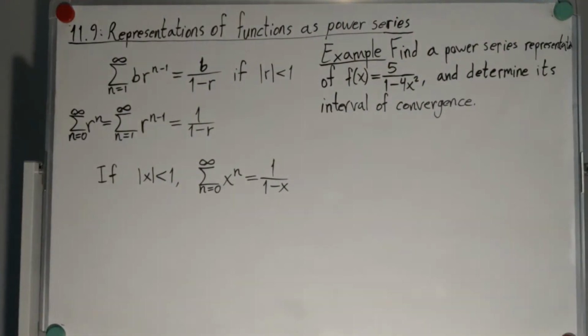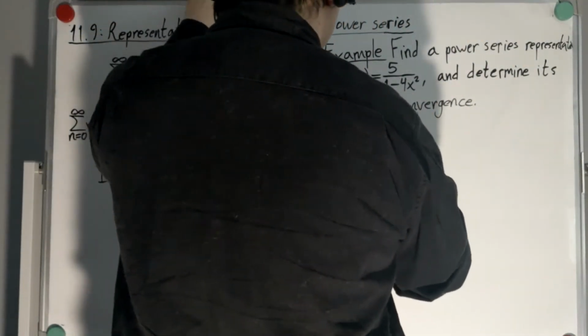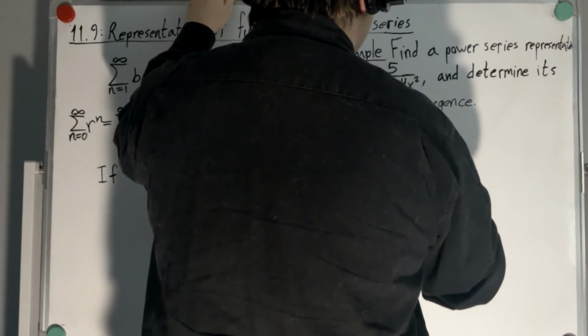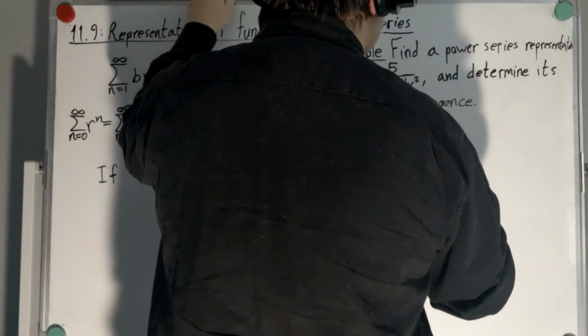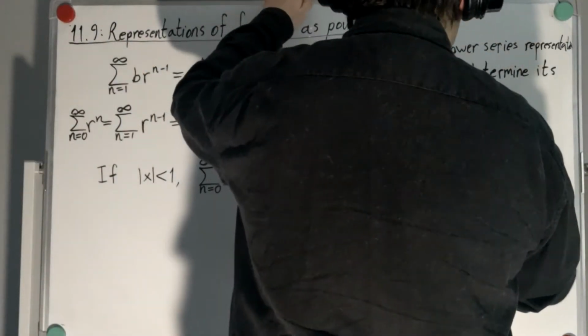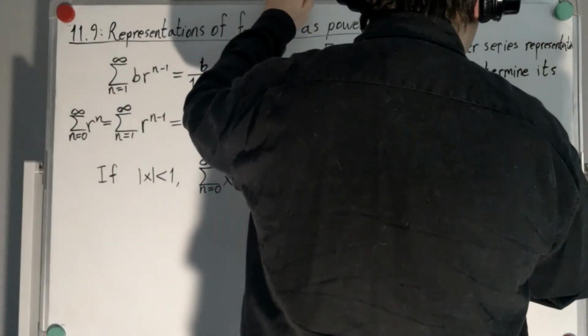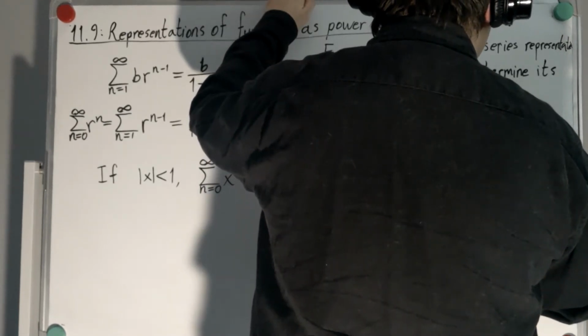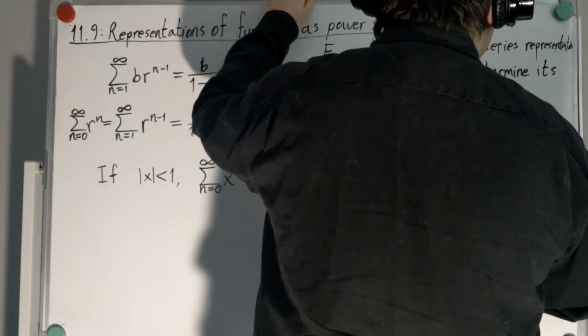In this case, the first thing we want to do is say, f of x is 5 over 1 minus 4x squared. That is the same thing as 5 multiplied by 1 over 1 minus 4x squared.